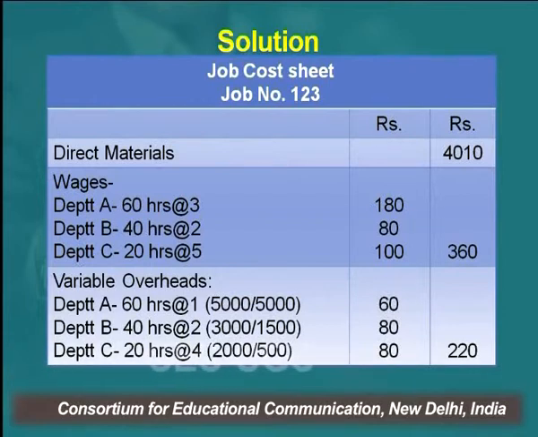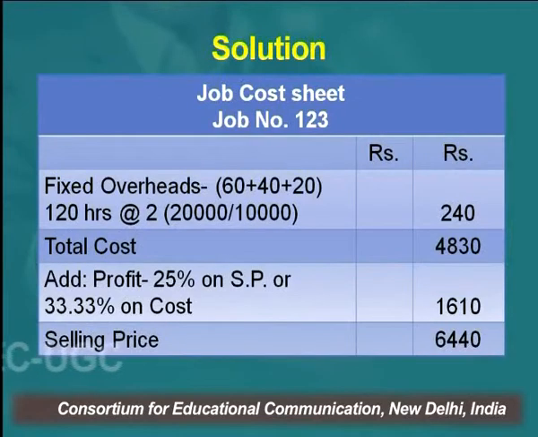So you have calculated the cost of material, the cost of wages, and the variable overhead cost. Now come the fixed overheads, right? In this example, the fixed overhead rate is 2 rupees per hour, which I had just told you how we calculated while talking about this example question.